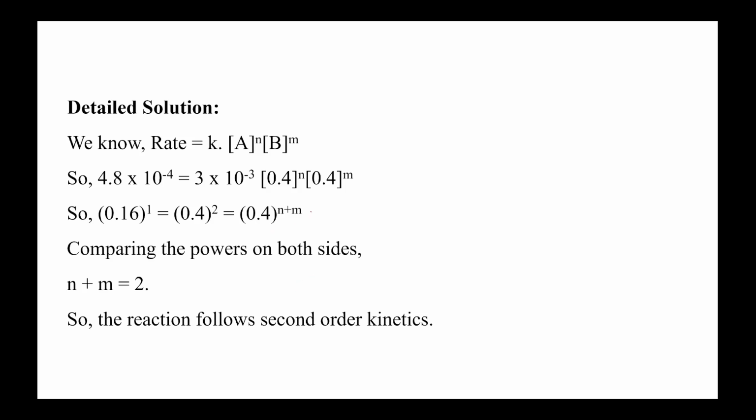Basically you have to take this on the other side of the equation, and you will get 0.16. So 0.4 raised to the power of n plus m is equal to 0.16, and 0.16 can also be written as 0.4 raised to the power of 2, right?